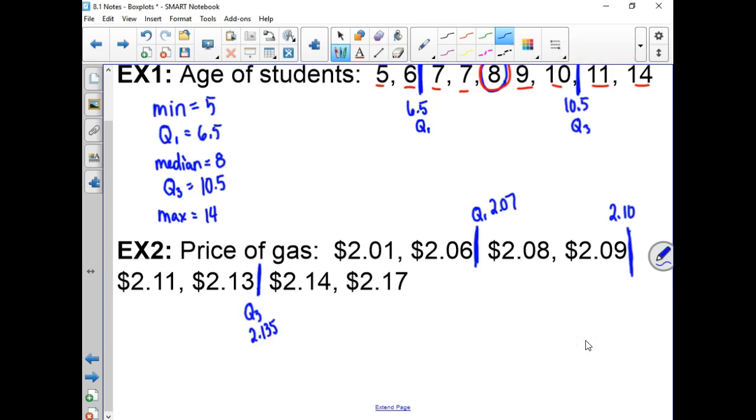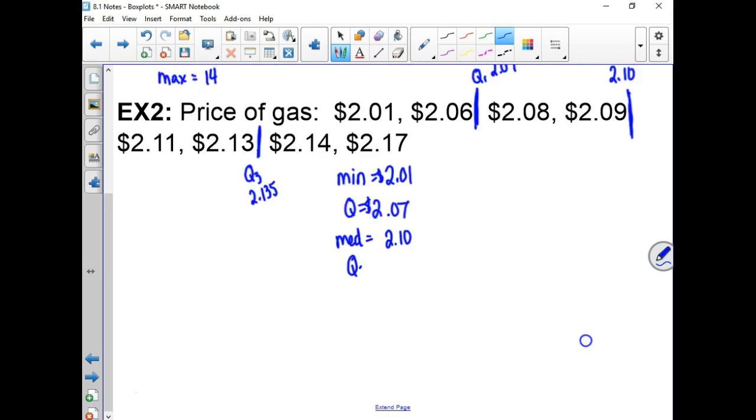So the summary here, my minimum is 2.01. Our first quartile is 2.07. The median is 2.10. The third quartile is 2.135, and the maximum is 2.17.